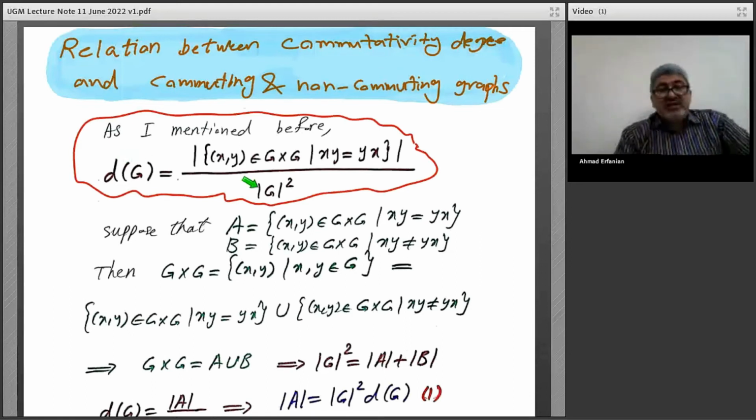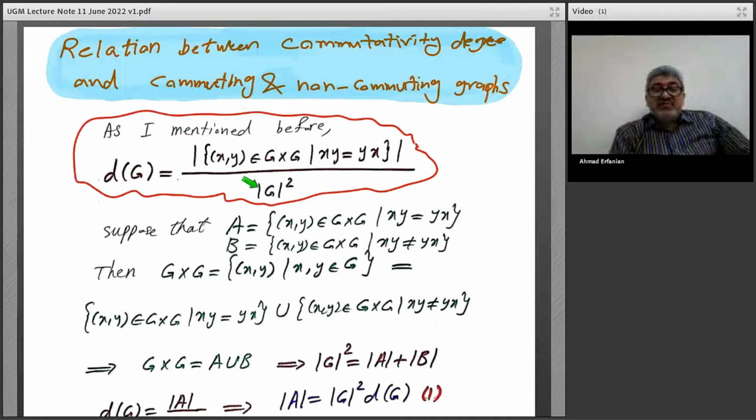Now, here is the commutativity degree. You can see the commutativity degree, which was denoted by d(G), is the number of all pairs x and y which commute divided by the order of G squared. Now, let us put two sets: A is the set of all pairs x and y such that x and y commute, and B is the set of all pairs which do not commute.